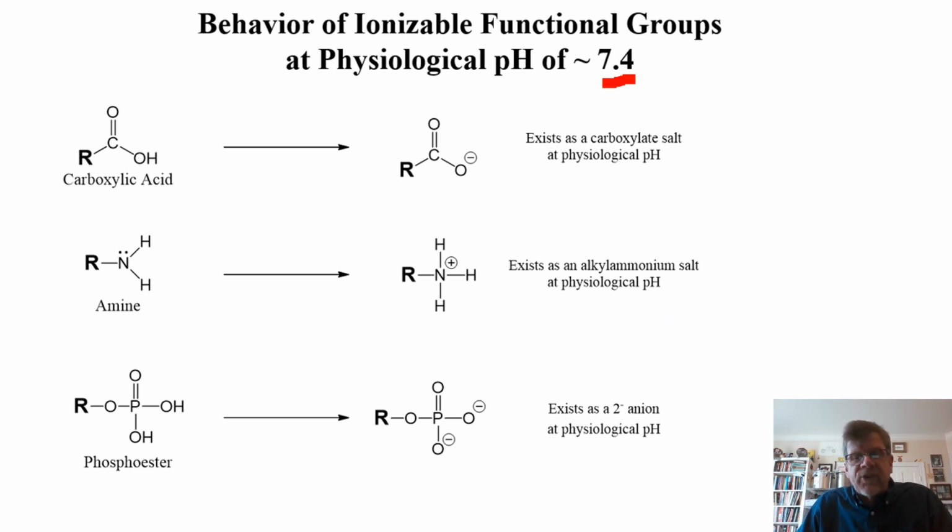Lastly, our phosphoester. We haven't talked a lot about reactions of phosphoesters and how they exist when treated with acids or bases. All we've done up until this point is to recognize this is indeed a phosphoester. We find at physiological pH that physiological pH acts similarly to that of a carboxylic acid.